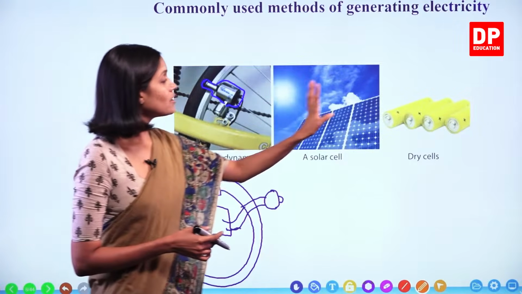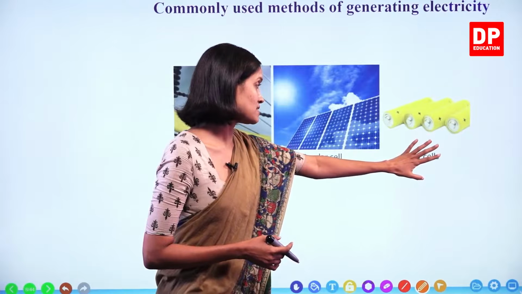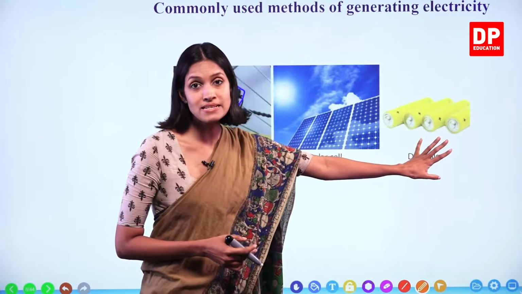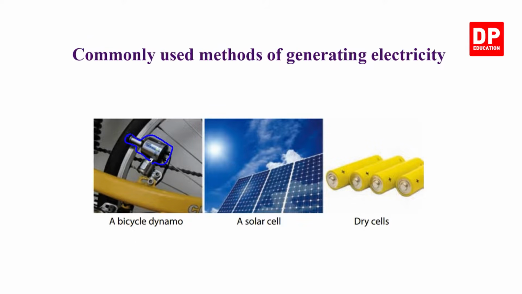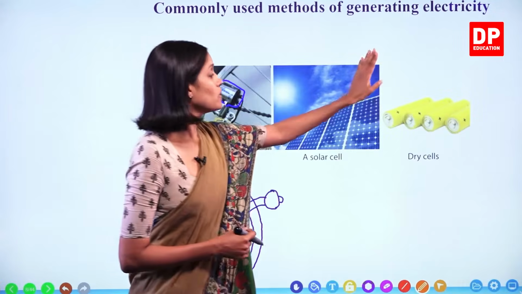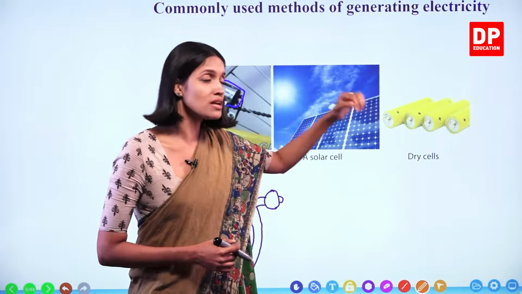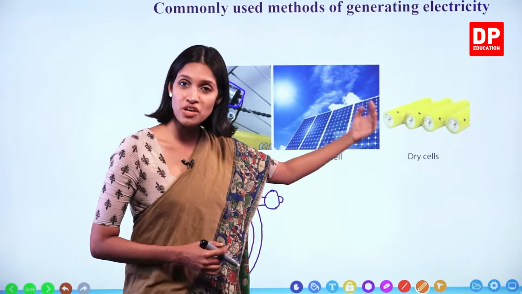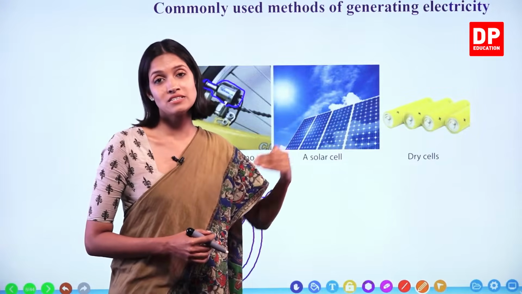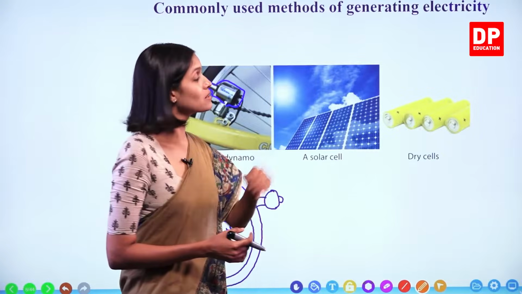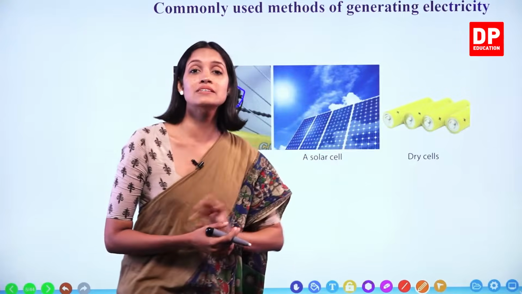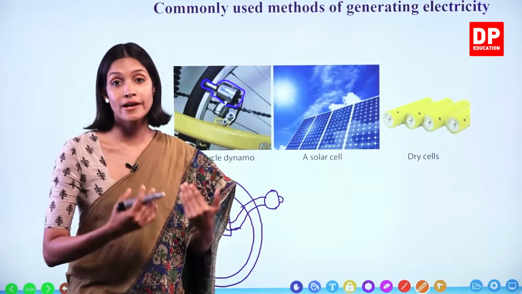Okay? The third method is, now these are dry cells, the picture shows dry cells. Using chemical reactions, electricity is generated. Now you are going to learn inside the dry cells there are chemical substances present. Because of the reaction of the chemical substances, electricity is generated. Which means the third method of generating electricity is using chemical reactions.